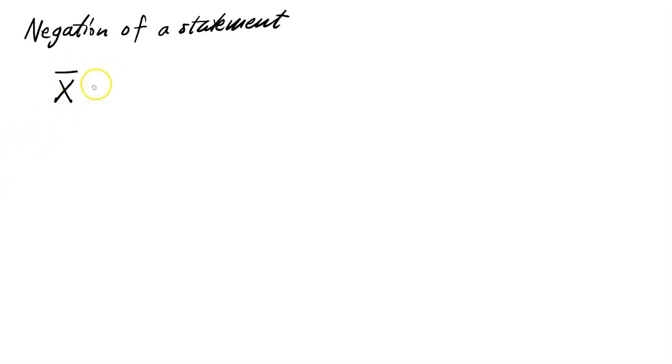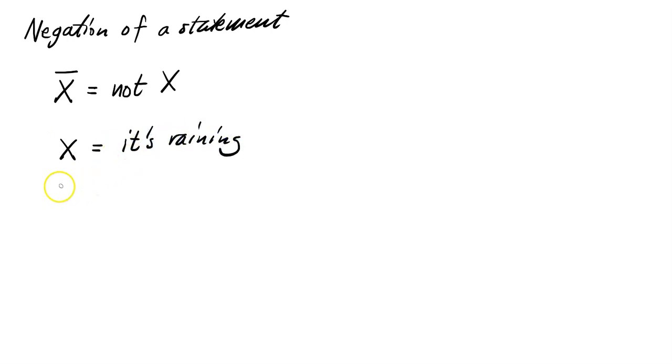And this is the opposite of X, so it means not X. For example, if X is it's raining, then of course X bar is it's not raining. If X is true, then the negation, the opposite, is not true, it is false. And if X is false, then this is true. So one of them is true, while the other is false.